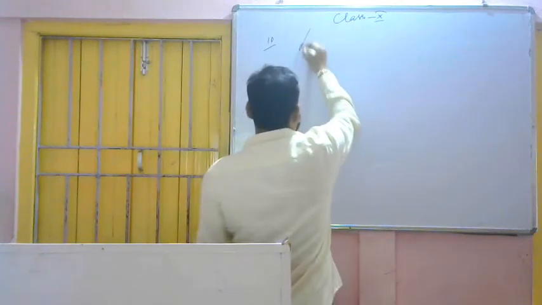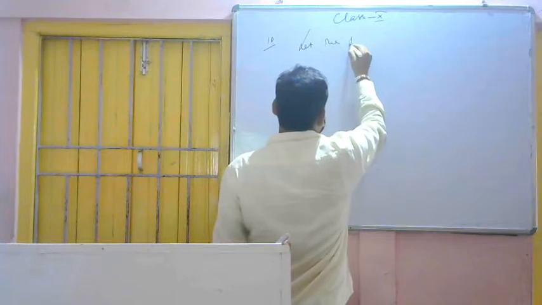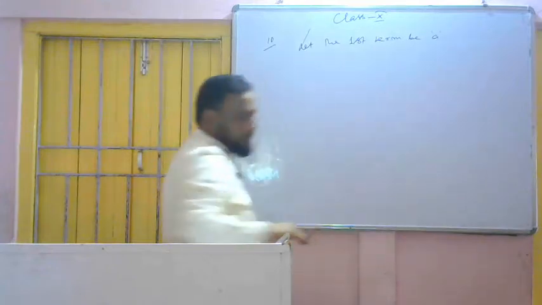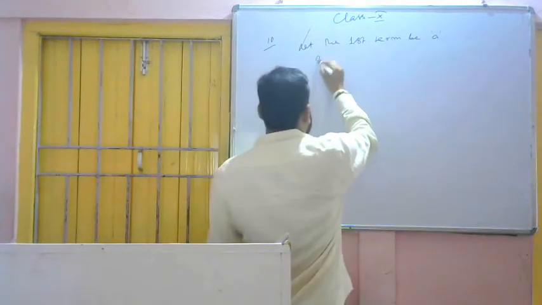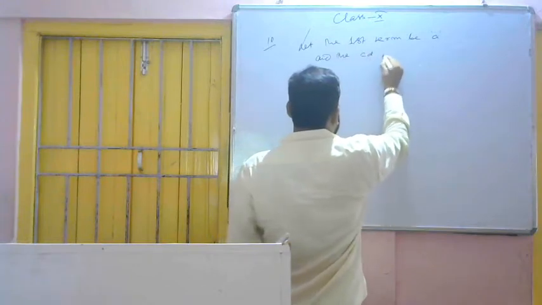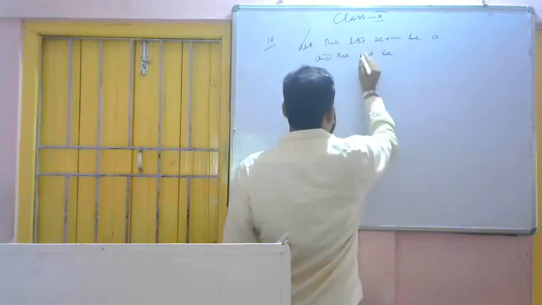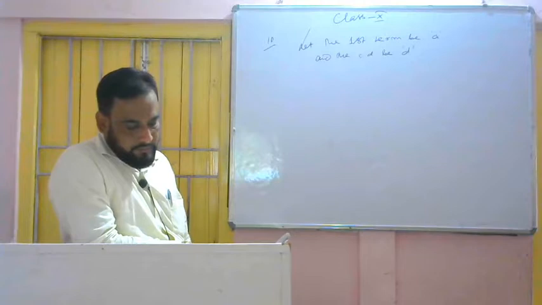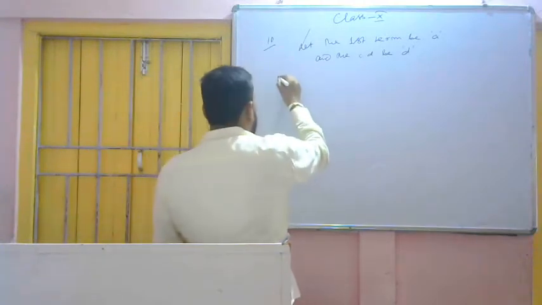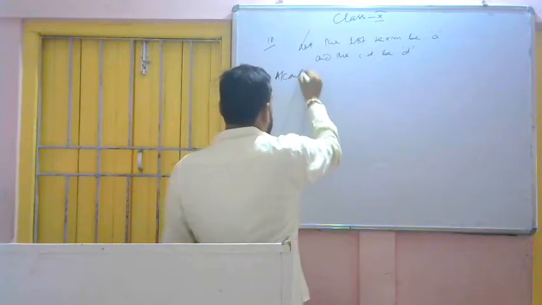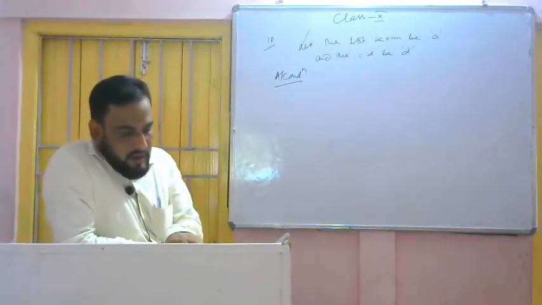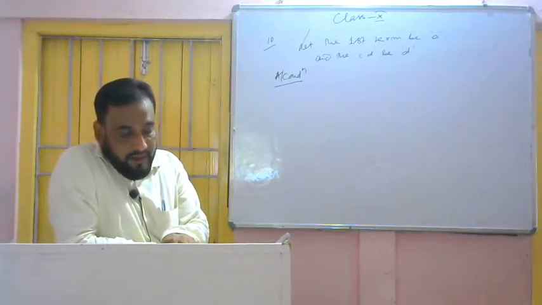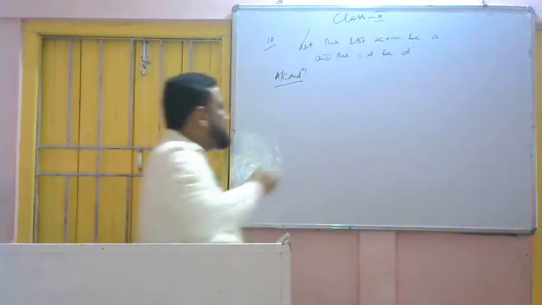Let the first term be A and the common difference be D. According to the condition, the 17th term of an AP exceeds its 10th term by 7.